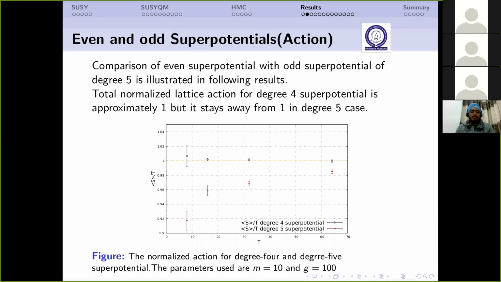Because we have normalized it, it looks like it's approaching 1. But the difference in the degree 4 superpotential was slowly increasing. So this was the first result that we saw, which suggested that for the degree 4 superpotential supersymmetry is preserved, but for the degree 5 superpotential it is not.